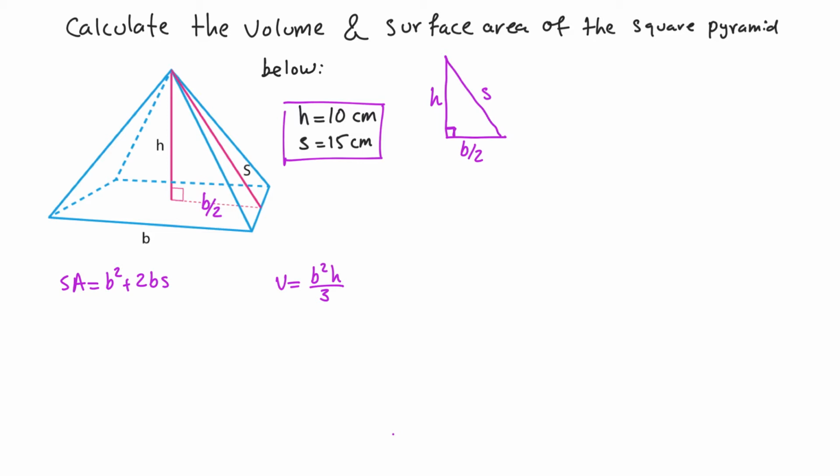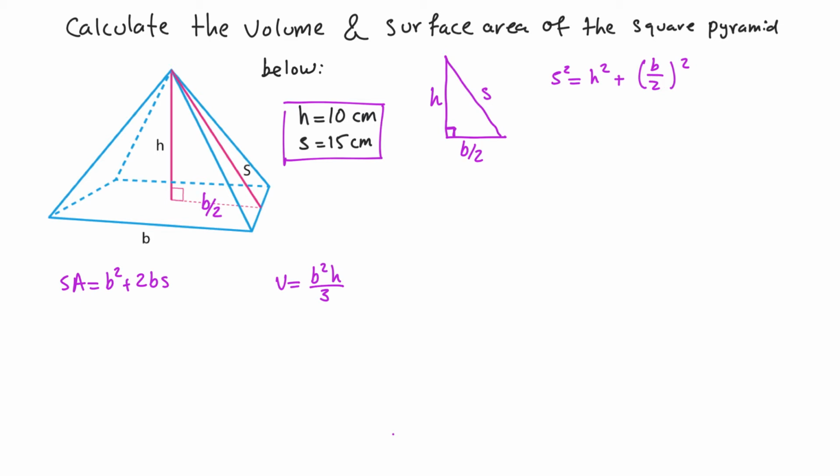So I'm going to use the Pythagorean theorem. With the Pythagorean theorem, I can write that s squared is equal to h squared plus (b over 2) squared. And that means the hypotenuse squared is equal to one of the shorter sides squared plus the shortest side squared, which is b over 2.